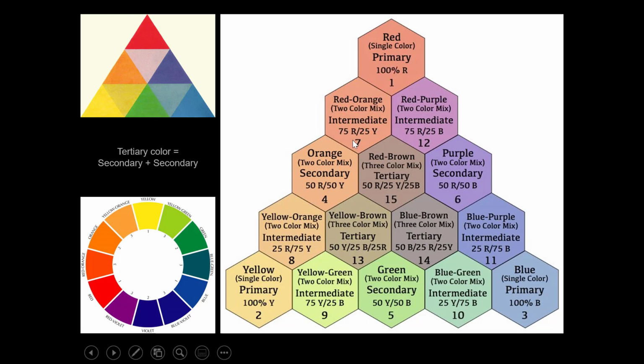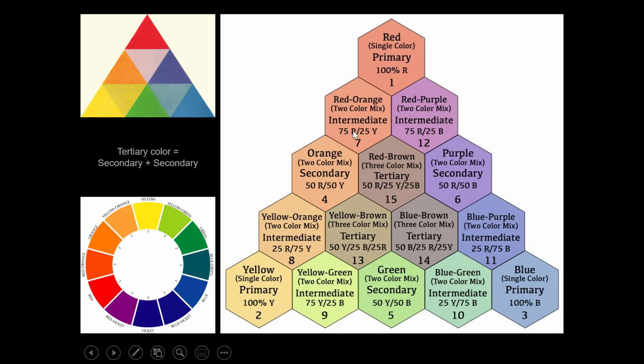And they're going to go ahead and show you the intermediate colors, which are the mixture of a primary plus an adjacent secondary. So we're still using the same definition, an intermediate. Because an intermediate, say red-orange, has more red than it does yellow, because you're mixing something that's half red with something that's all red, we're going to label it with the primary color that it starts with plus the secondary color.